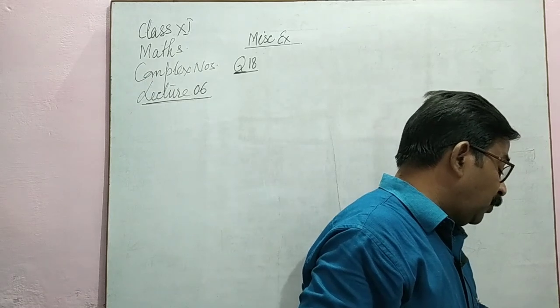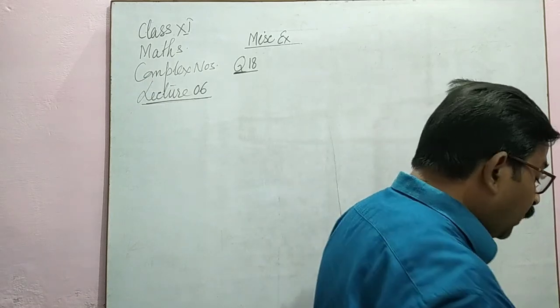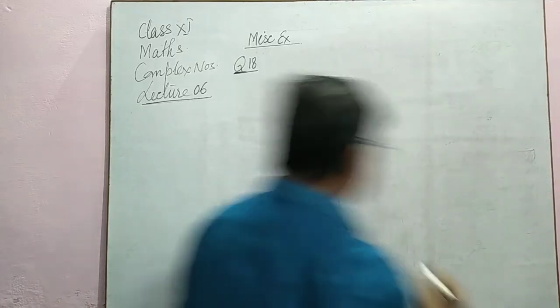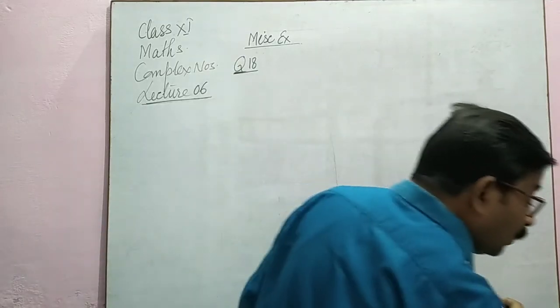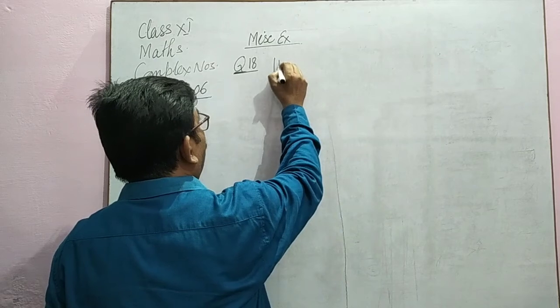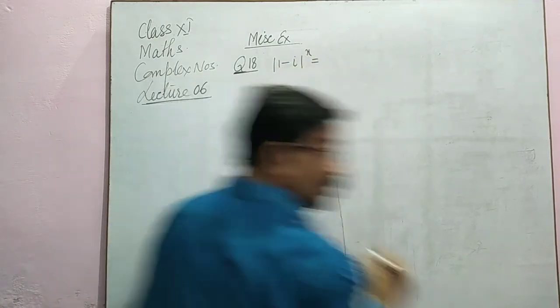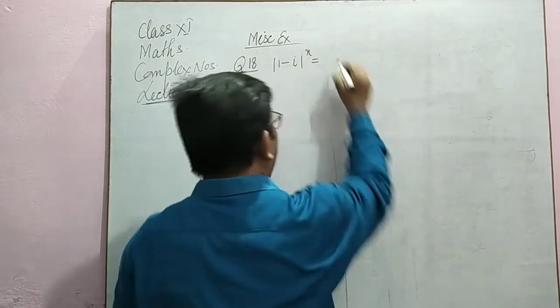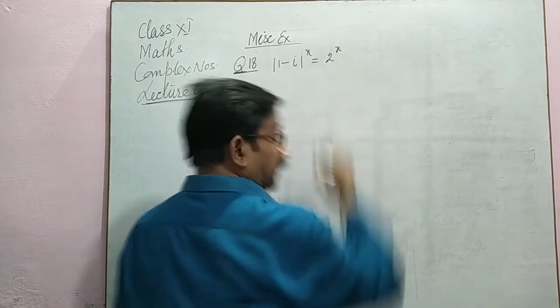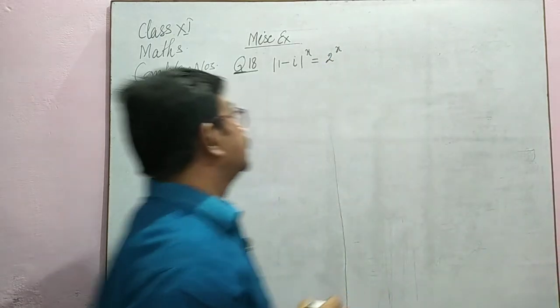Find the number of non-zero integral solutions of the equation: mod of 1 minus i to the power x is equal to 2 to the power x. We have to find the value of x.